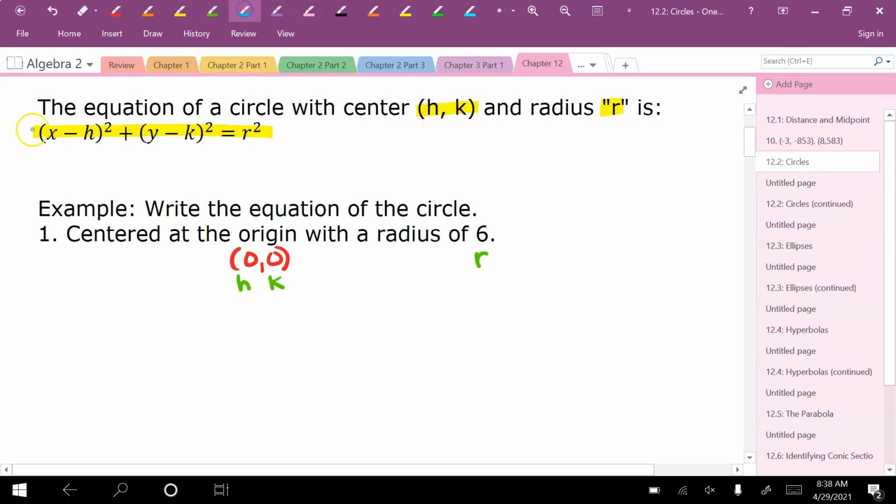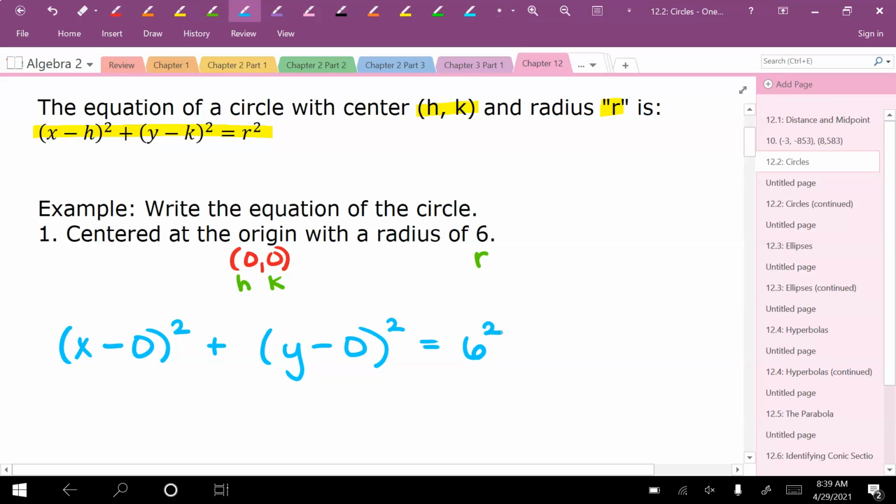So then going up to my equation here, I'm going to do x minus the h, which is 0, and that quantity gets squared. And then plus y minus k, so y minus 0 squared. And then your radius squared is 6 squared.